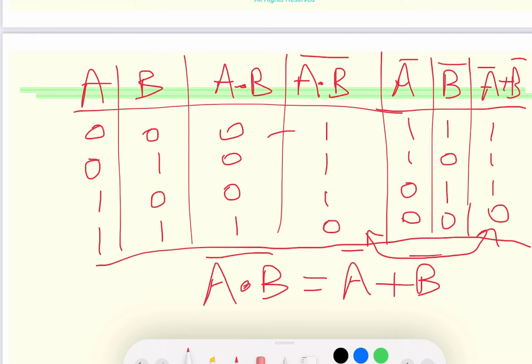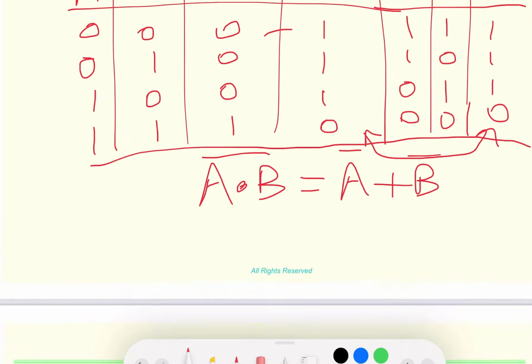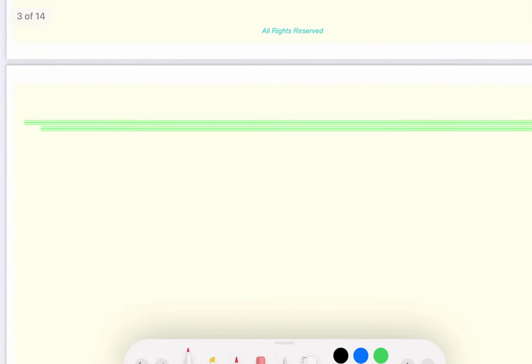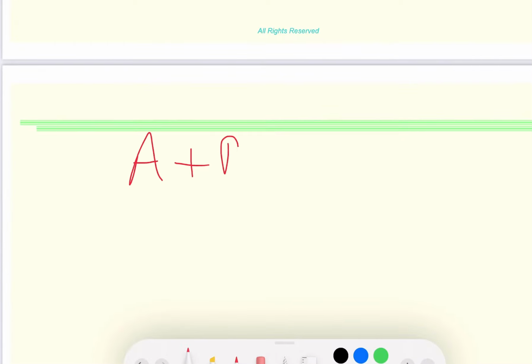Another theorem is the distribution of complements. If you have an OR complement, this can be written as the complement of the individual inputs with an AND between them.